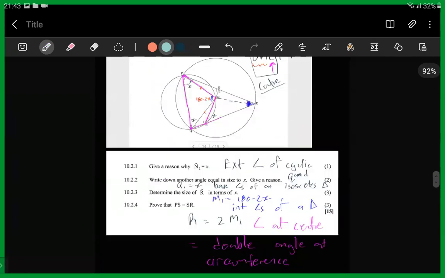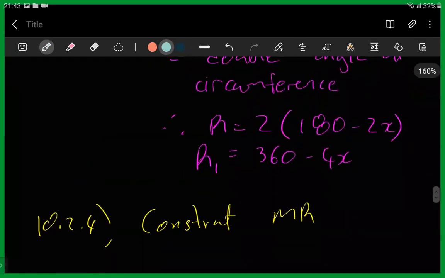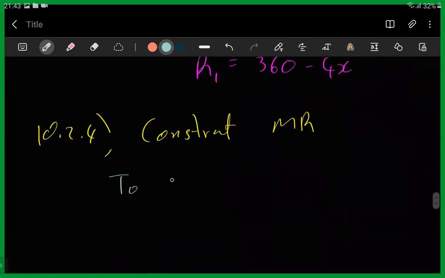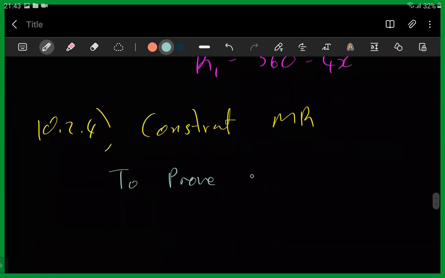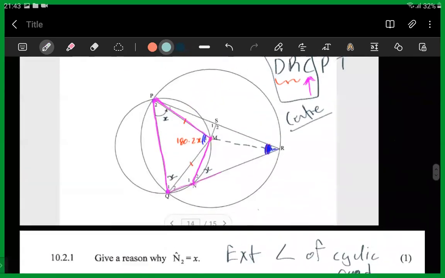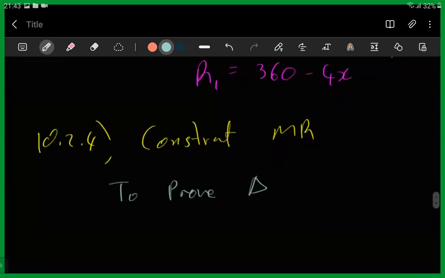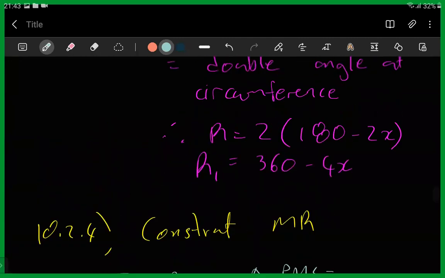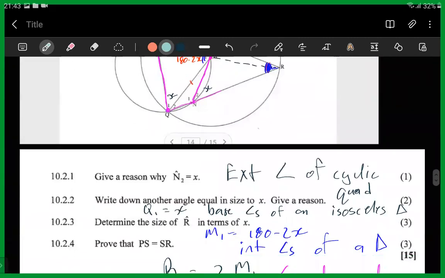So here we're going to prove that triangle PMS is congruent to RMS.